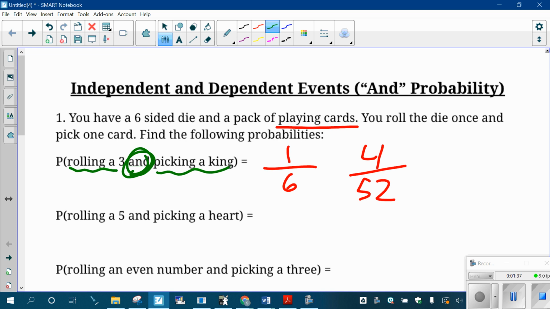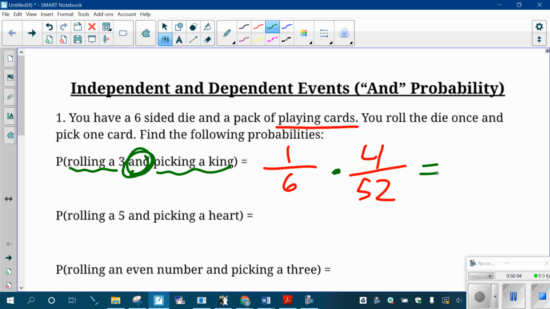Well, both of these things are pretty unlikely, and for both of them to happen would be super unlikely. So this is going to be a really, really small probability. And the way you get that is by taking those two probabilities and multiplying. That's how you do and probability. You take the first probability and you multiply by the probability of the other thing.